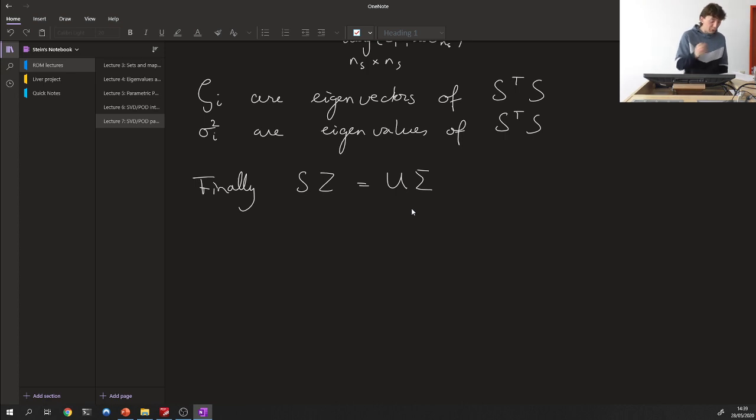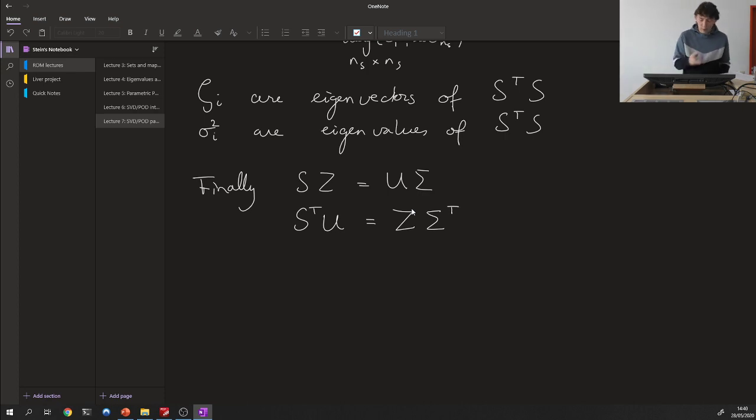And similarly, I can pre-multiply everything by U transpose, and then transpose everything, and you would get S^T times U is equal to Z times sigma transpose.